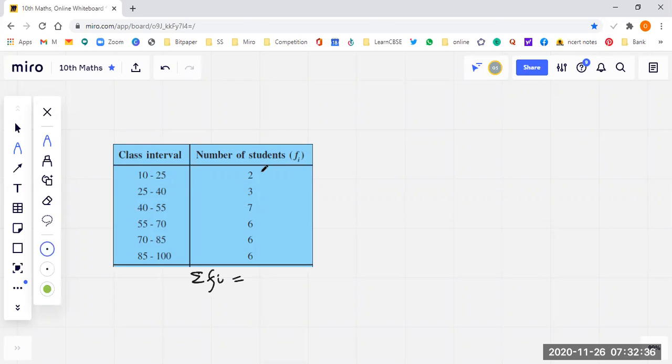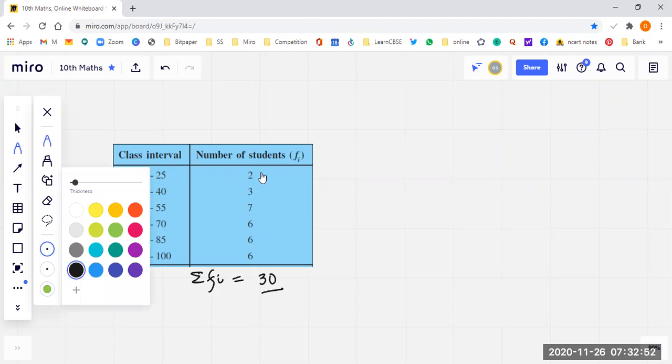So it will be 3 plus 2, 5, 5 plus 7 is 12, and then 6 is 18, 18 plus 12 is 30. So total 30 students are there.